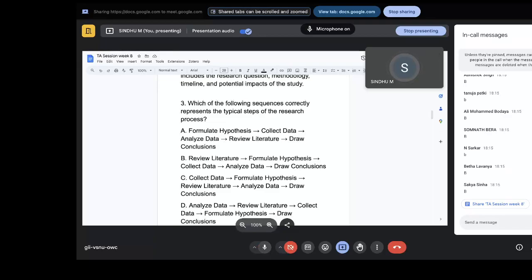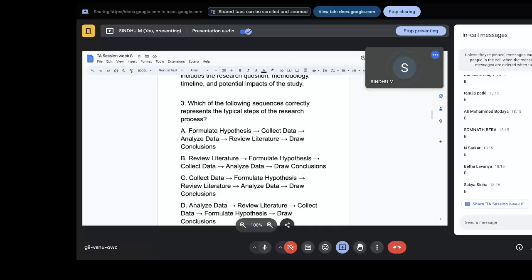Yes, that is correct. First, we will be starting with the literature review. Only then we'll know about the field and what are the missing gaps in the field. But in the other options, they are starting with a different step. Like, if you just formulate the hypothesis directly, then it may be possible that the problem is already solved in the literature.